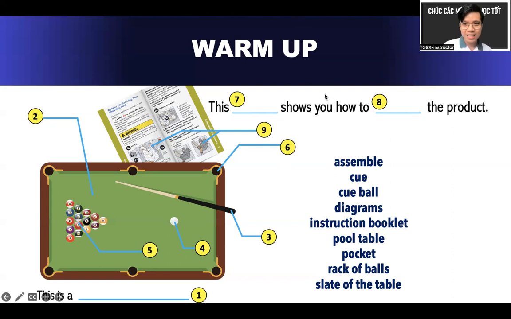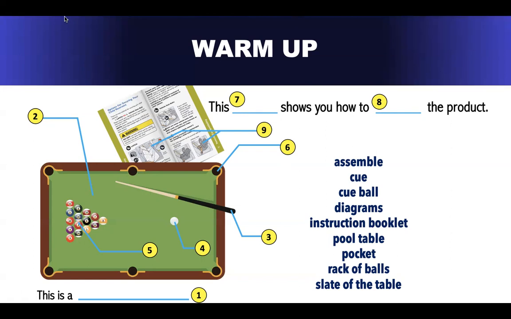Number 2, I think, is pool table. I think number 1 is a pool table. Number 2 is cue ball. No, number 2 is the slate of the table.